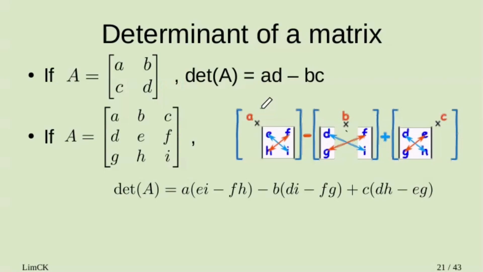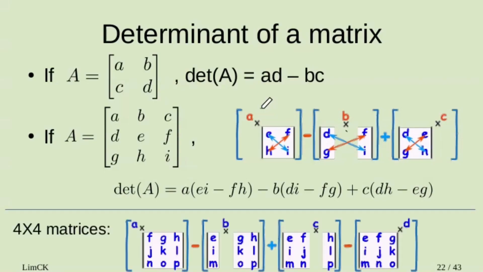For a 4 by 4 matrix, or even higher, you repeat the computations as follows. The first number is multiplied with the determinant of this 3 by 3 submatrix, then you jump to here to do the calculation and so on. So this is the way of finding the determinant of a matrix.